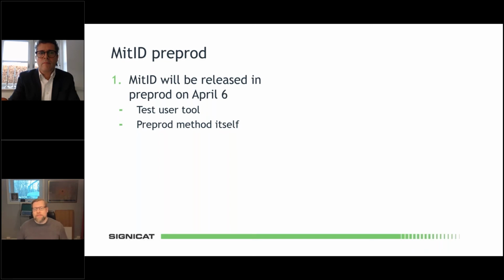We have an indication that MitID will be released in pre-production on the 6th of April, a month before. This applies both to the test user tool, which is used to generate test users. I'll show you a sneak peek of that later on, and also the pre-production method itself.